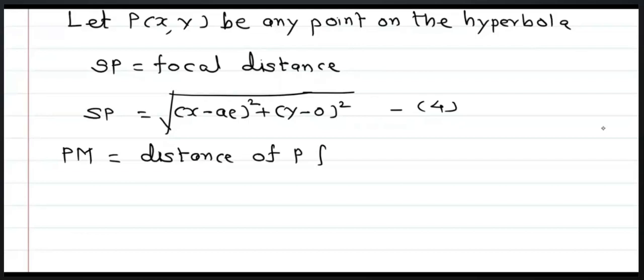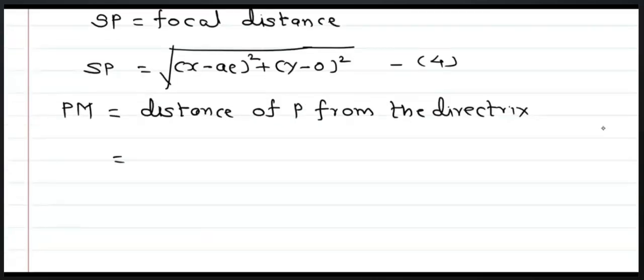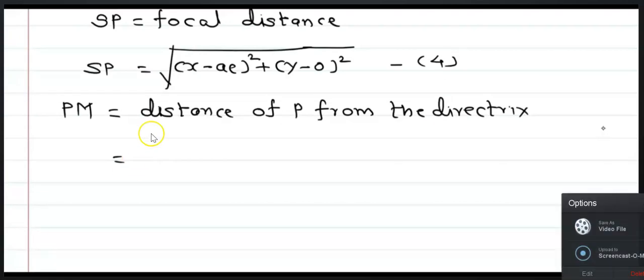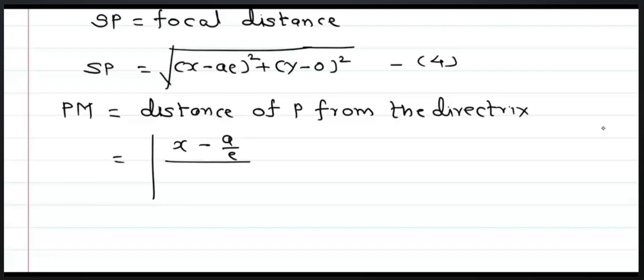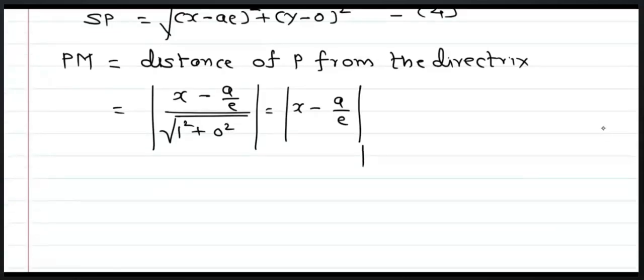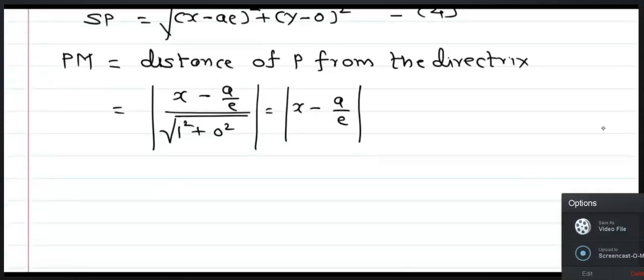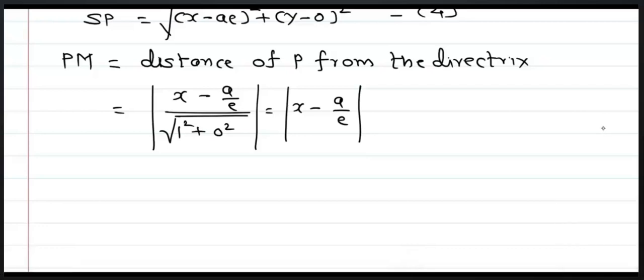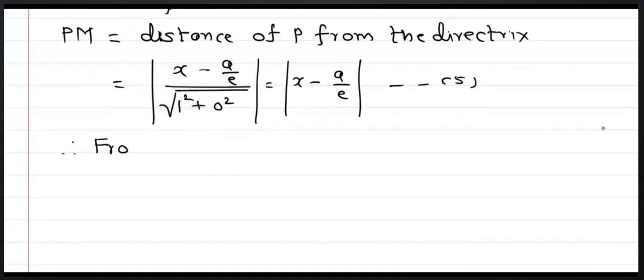PM is the distance of P from the directrix. That is, we will find the perpendicular distance of the point P on the directrix x minus a upon e equals 0. Therefore, it is x minus a upon e over root of 1. This is by using the perpendicular distance formula that we have learned in the straight line chapter and solved a number of examples.